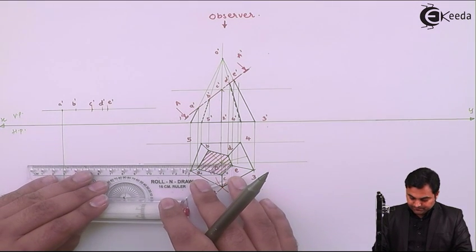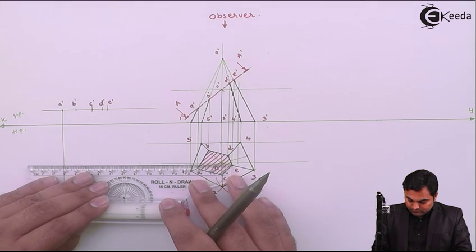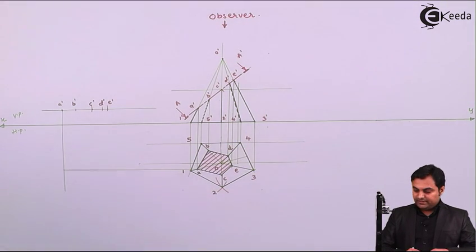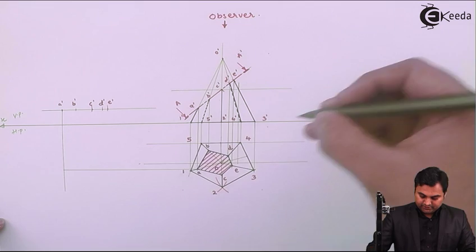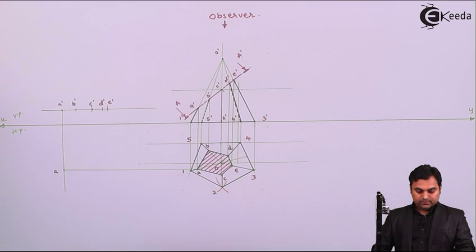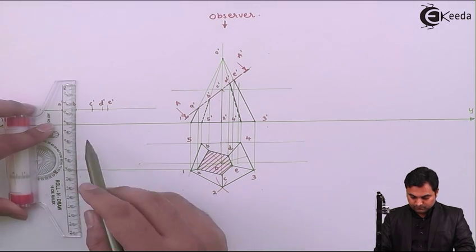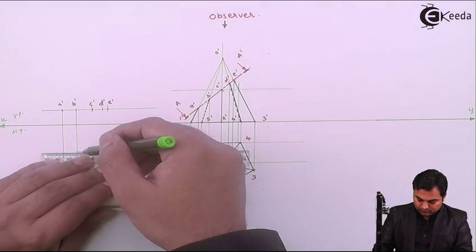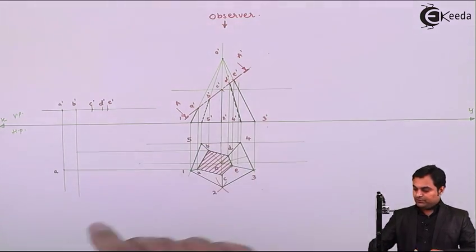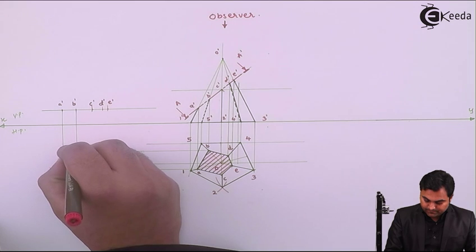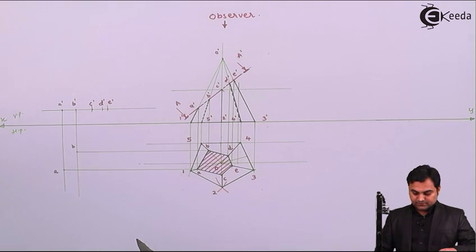Here we have point A. So wherever A dash and A they intersect, that will give me the point A. Then B dash and B. So here B dash and this is point B, where they intersect, that will give me point B. Then C dash.